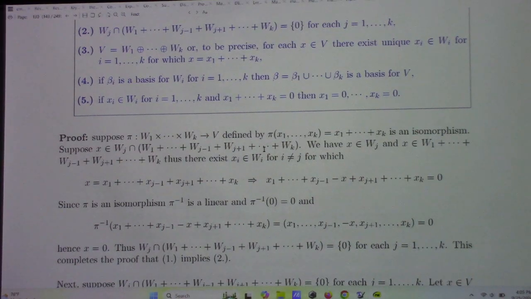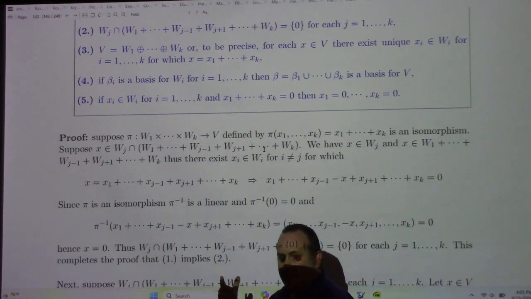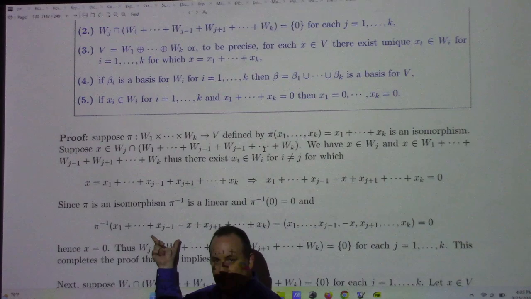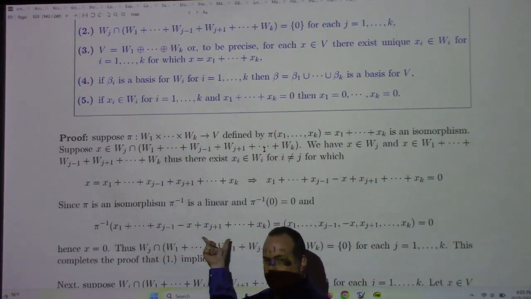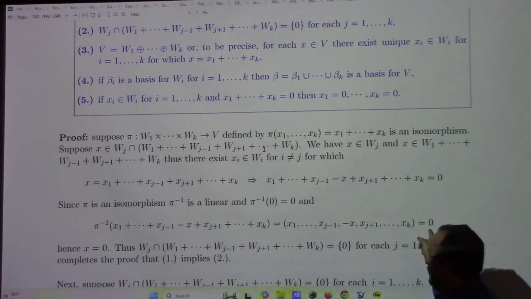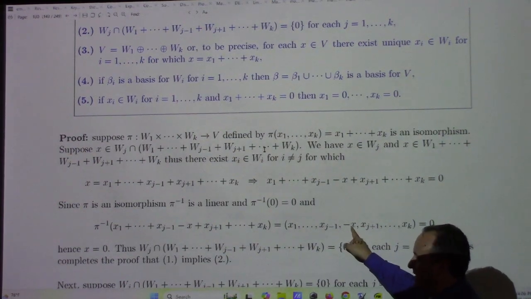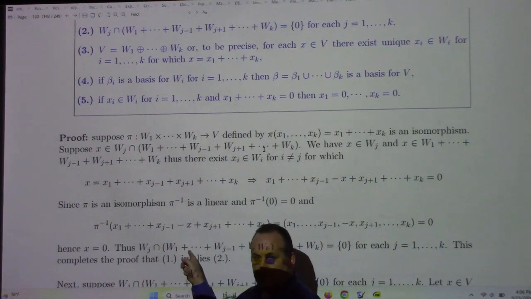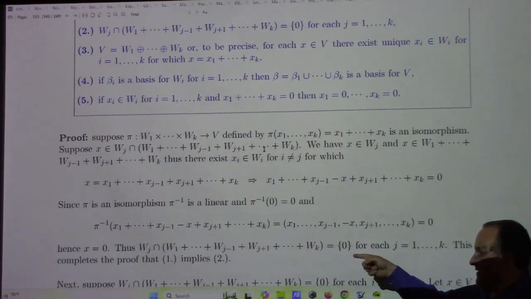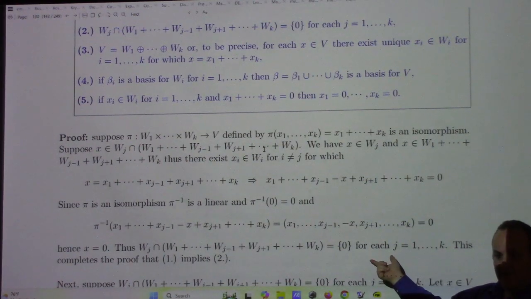But since it's an isomorphism, we know that the inverse to a linear bijection is itself a linear bijection. So I can take the inverse, and it's easy enough to write the formula down for the inverse of pi. The inverse of pi takes the sum and spits out the tuple. So that maps to this, and that's equal to 0, which proves that x has to be 0. But x was an arbitrary point in the intersection, so we've proved that the intersection of Wj and the sum of the rest of them is 0. So 1 implies 2.